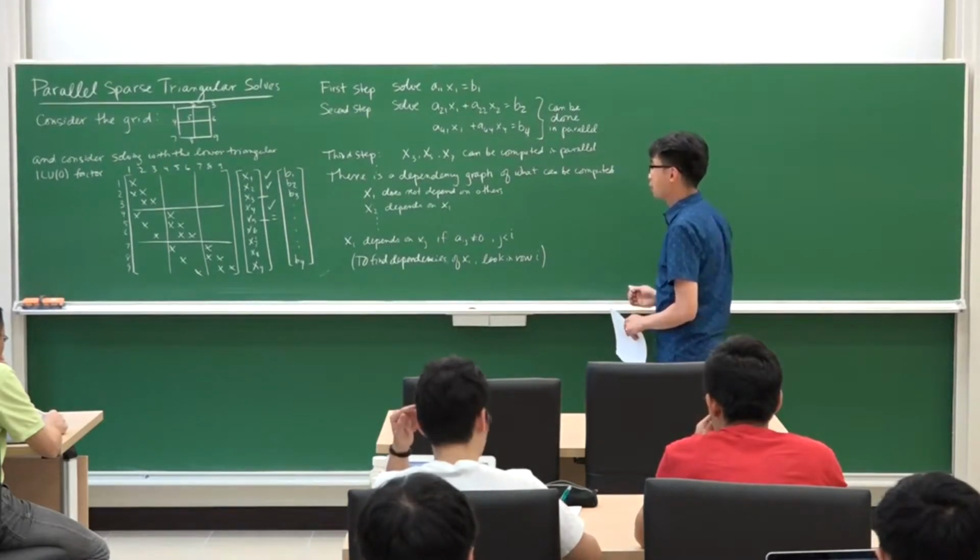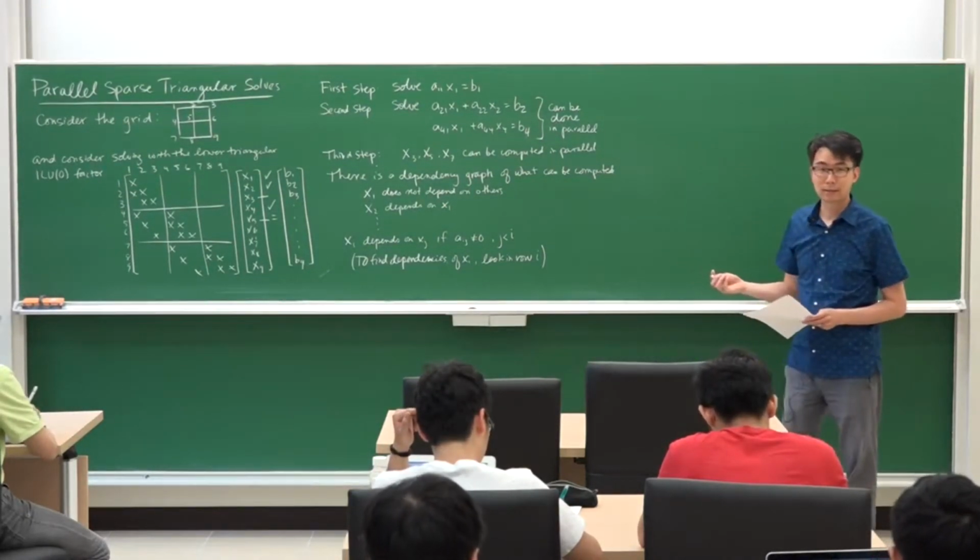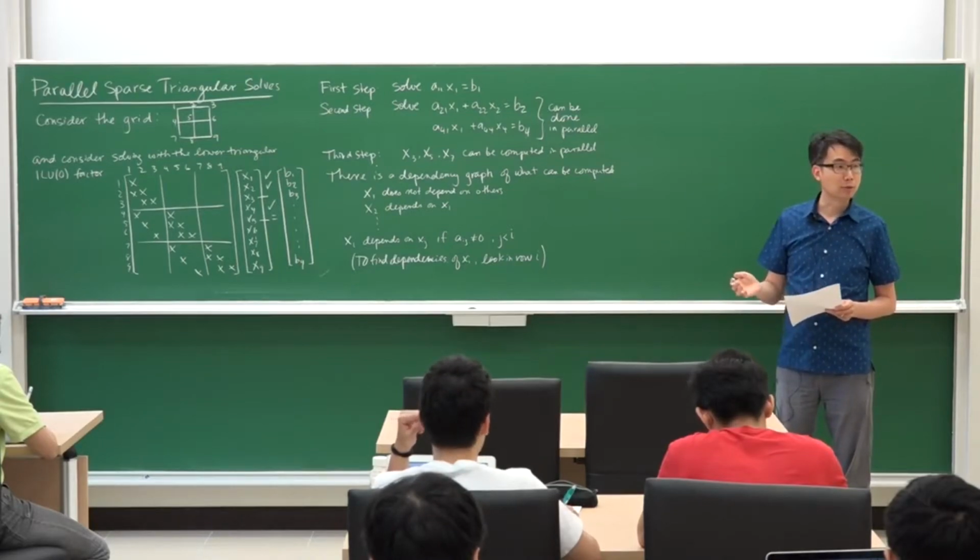Alternatively, you can say, well, if I've computed xj, what might I be allowed to compute?